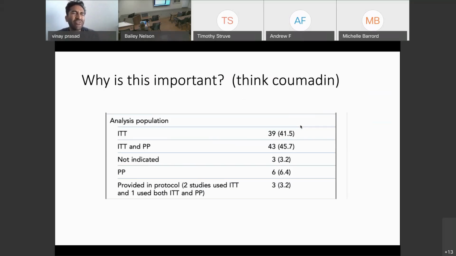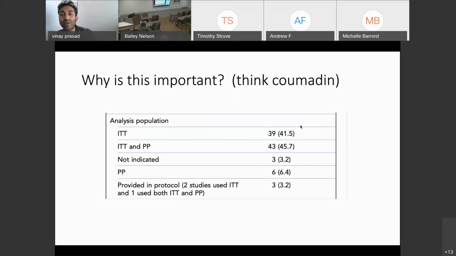Let me give you an example. Let's say I have Coumadin, and we've been using Coumadin for AFib for decades. I have a new blood thinner. I want to show my new blood thinner is non-inferior to Coumadin. Why is it important I do both an intention to treat analysis and a per protocol analysis? Why, in contrast with superiority studies where intention to treat is usually sufficient, for non-inferiority do we also want per protocol? Why?